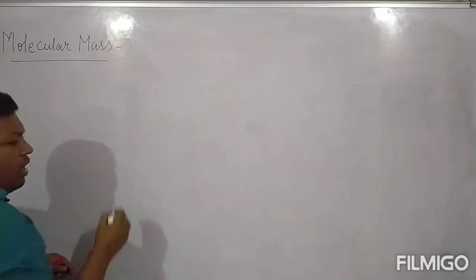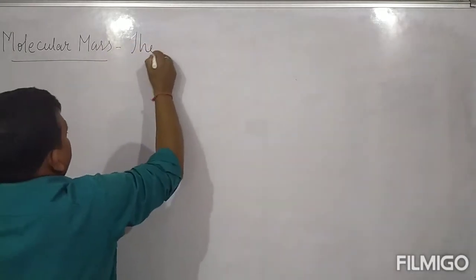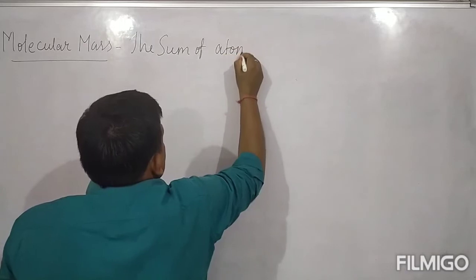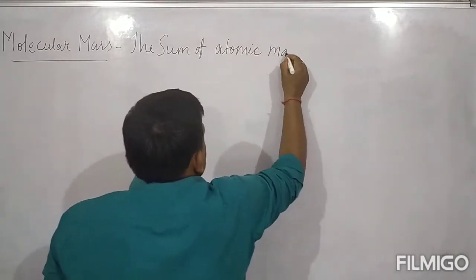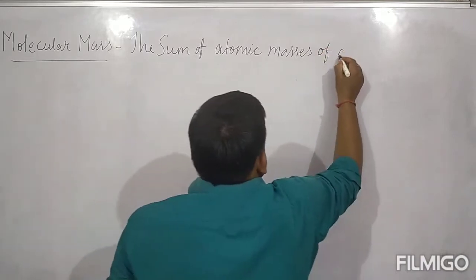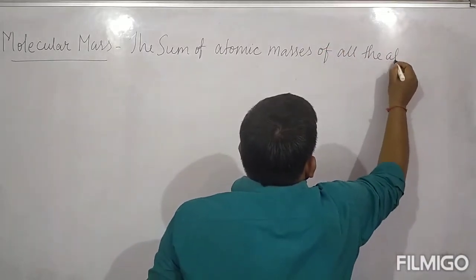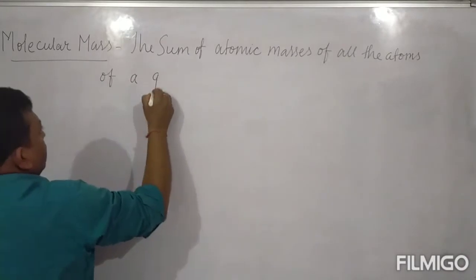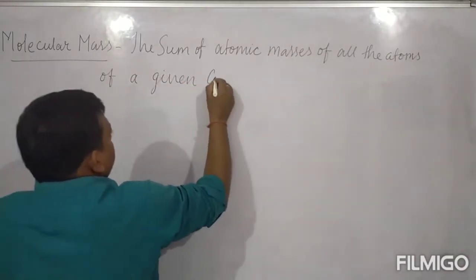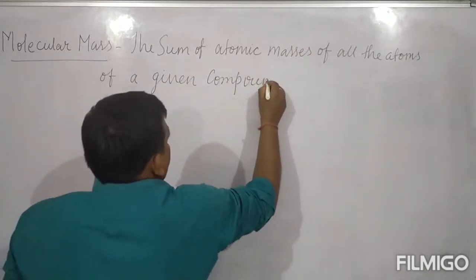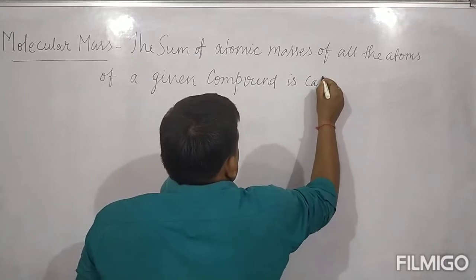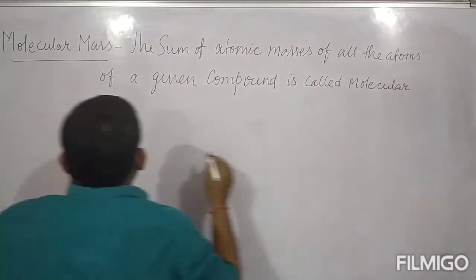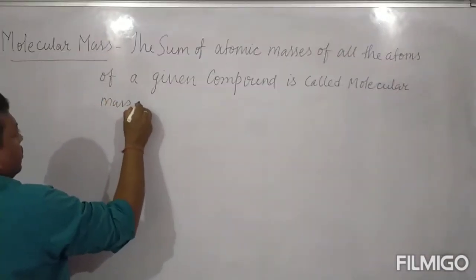The definition of molecular mass is the sum of atomic masses of all the atoms of a given compound is called the molecular mass of that compound.